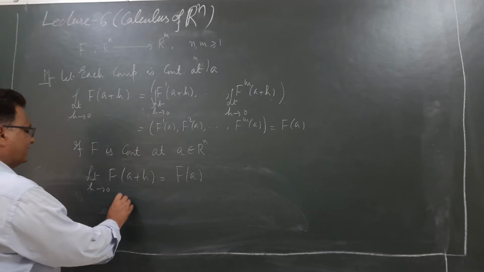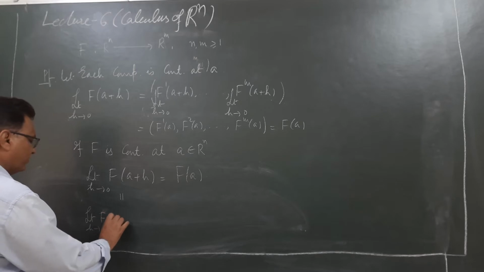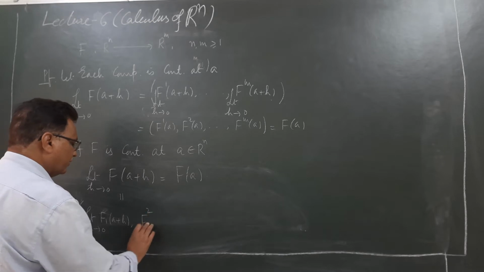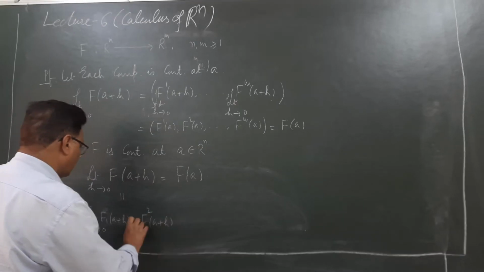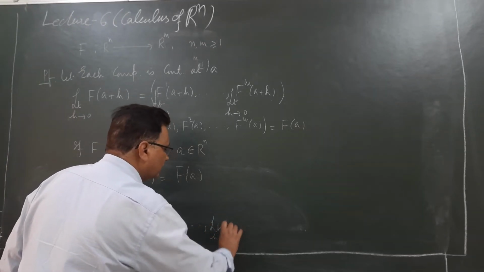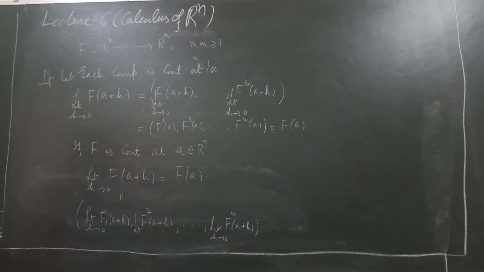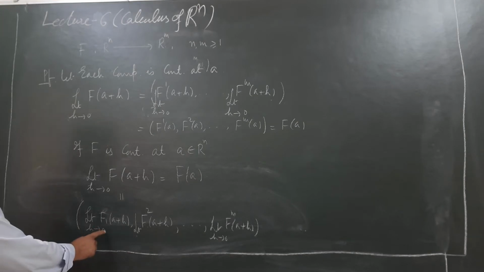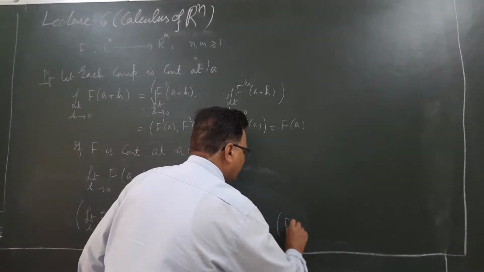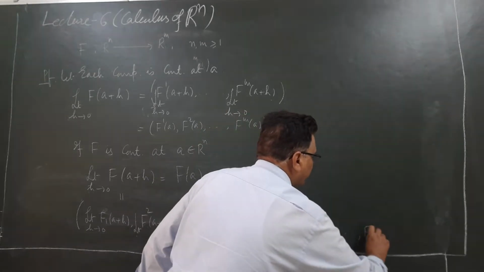The left hand side will be equal to the limit as h tends to 0 of f1(A+h), f2(A+h), and so on, the limit as h tends to 0 of fm(A+h). This is the left hand side. And you see the right side is f(A), which means it is f1(A), f2(A), fm(A).